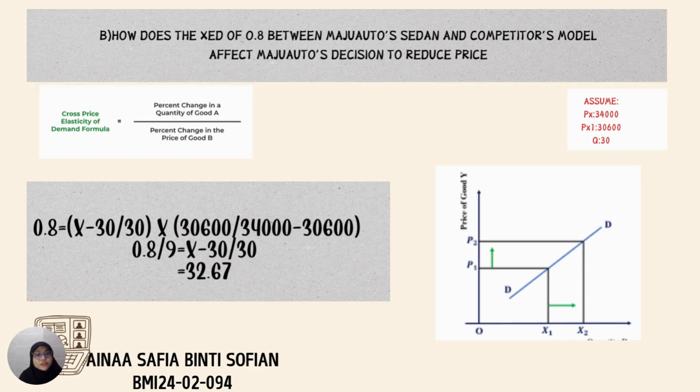So 34,000 minus 10%, we will get 30,600, and the quantity is 30. After doing the calculation using the formula, we get 32.67 for the quantity change. So if we draw the graph, we will get this graph.